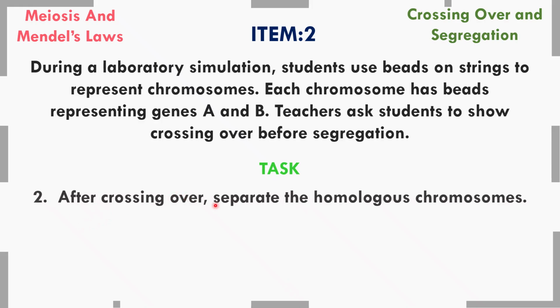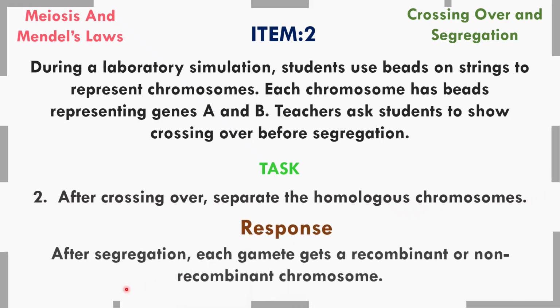After crossing over, separate the homologous chromosomes. After segregation, each gamete gets a recombinant or a non-recombinant chromosome.